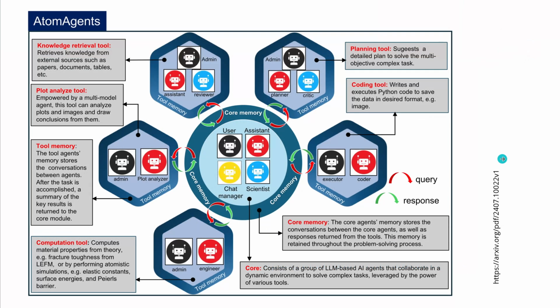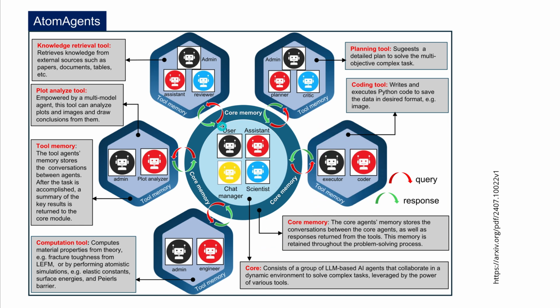Beautiful. Now, from the original MIT publication, we have this kind of visualization just to show you the complexity of the tools that we have. So here, we start with a planning tool. And in this tool, we have multiple LLMs. You have a planner, you have the critique LLM. Normally, both are GPT-4 Turbo, but different systems. Then we have the coding tool.